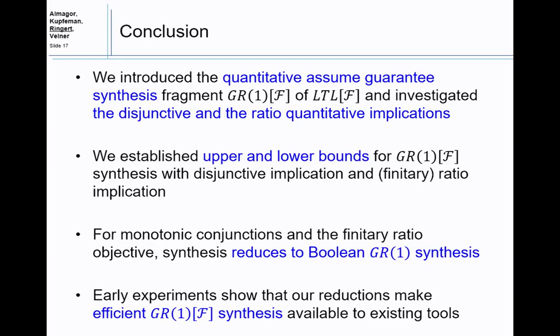The disjunctive implication and the ratio implication, and we established upper and lower bounds by also reduction to the Boolean case of GR1, which works in many cases when we have either the monotonic conjunctions or the finitary ratio objective. And the early experiments show that we can reduce these GR1F specifications easily to existing Boolean GR1 tools. Okay.